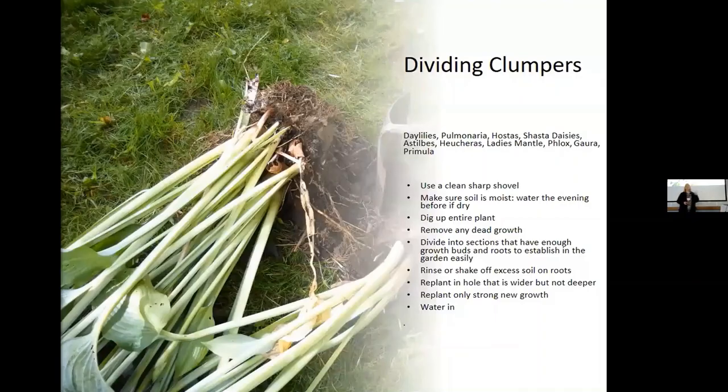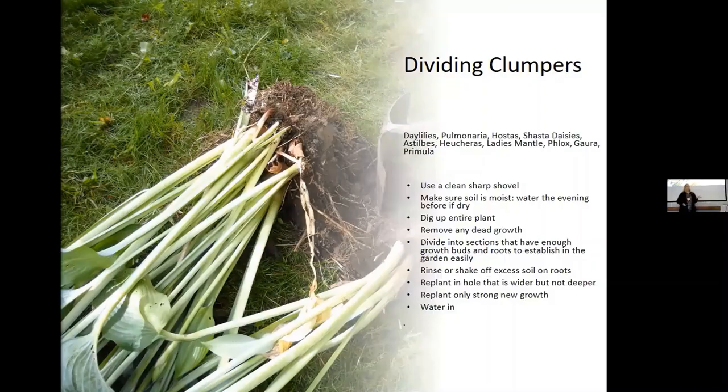So we're going to start and talk about some specific steps on dividing the various types of root and crown structures. The first thing for all of these types is to make sure that your soil is moist. So if the soil is dry, go out the night before, or a couple of hours before, and water the plants so that the soil can absorb the moisture and be moist but not wet, if you will.